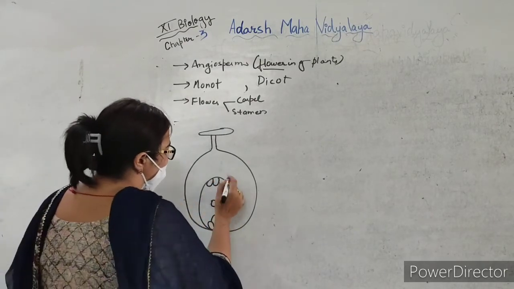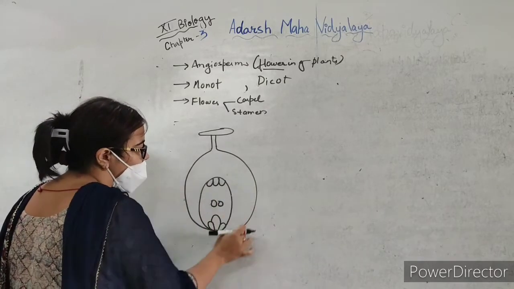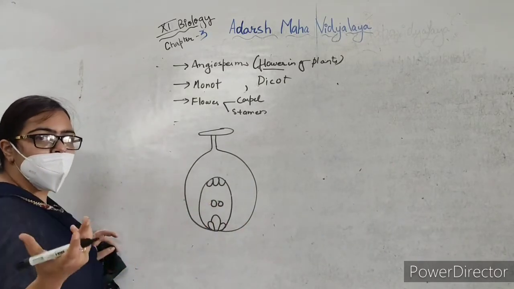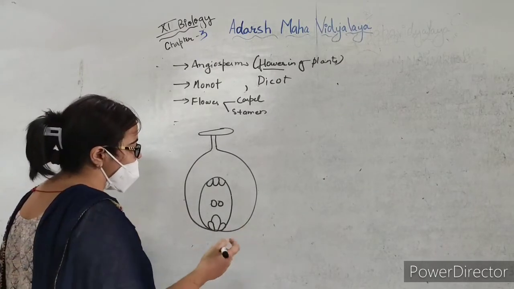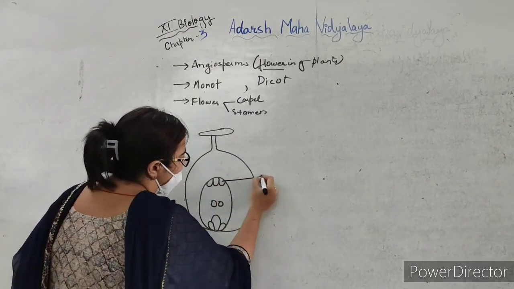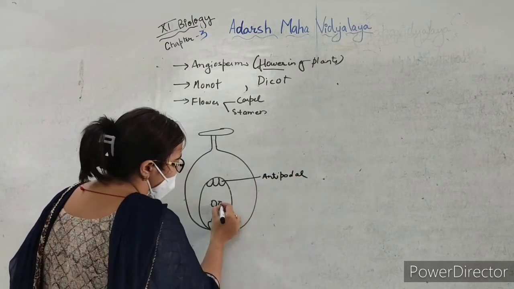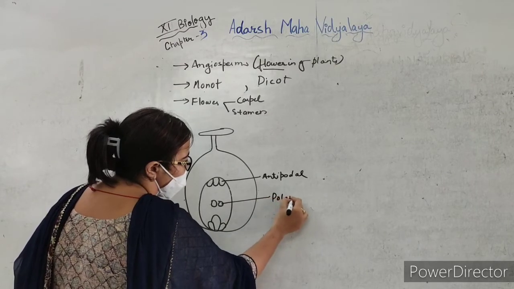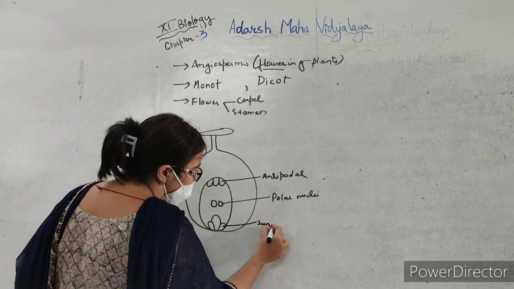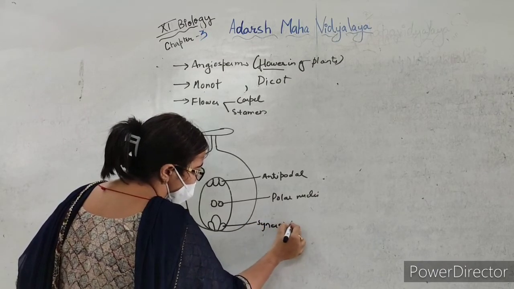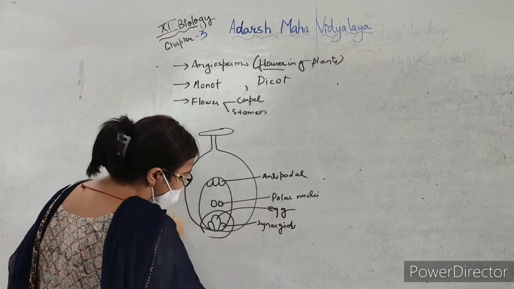This is the inside structure of an ovule, which is attached with the ovary wall with the help of the placenta. What the placenta is we'll see in the 5th chapter, that is morphology of plants. These cells are called the antipodal. These are called the polar nuclei, and these are the synergids, and this is the egg, and this is the egg apparatus.